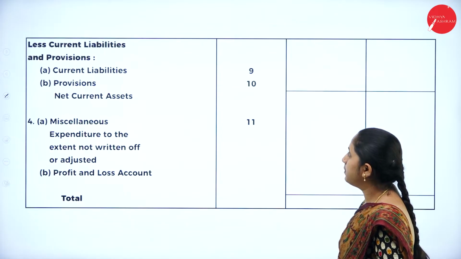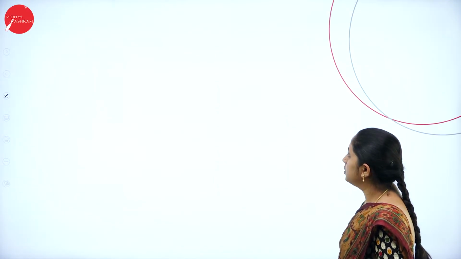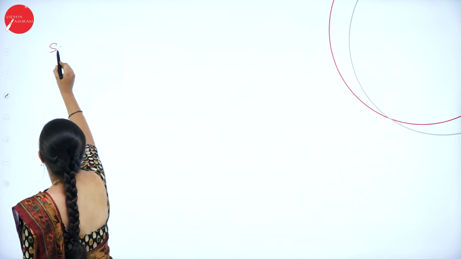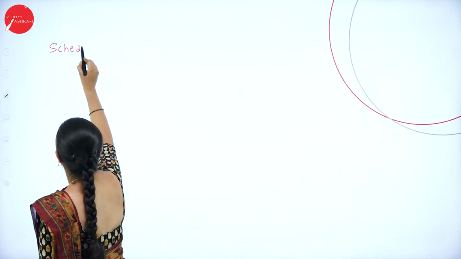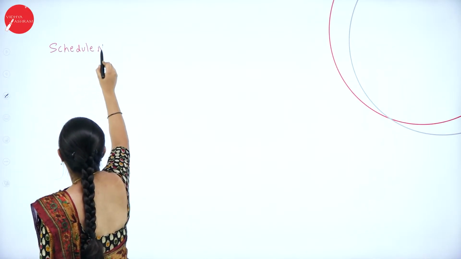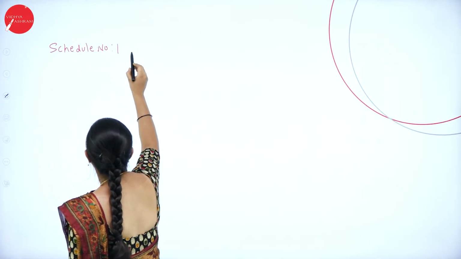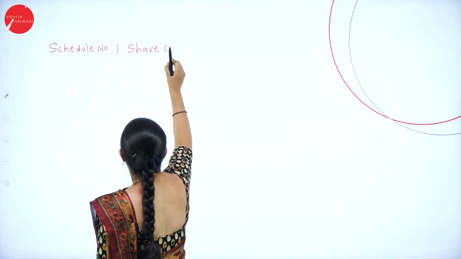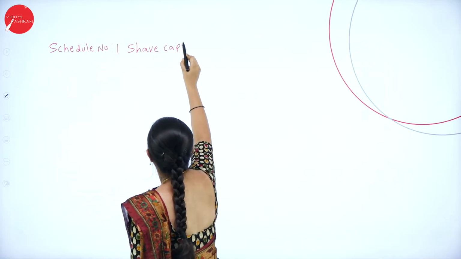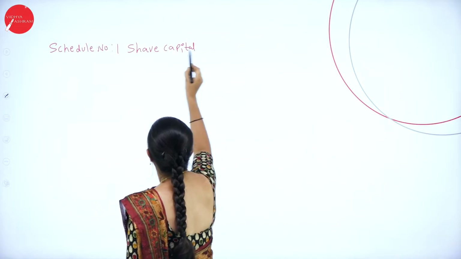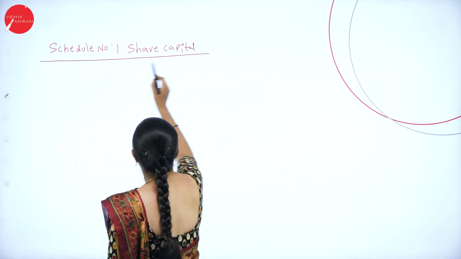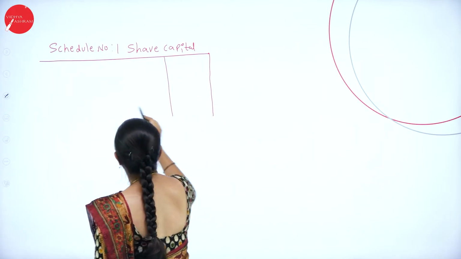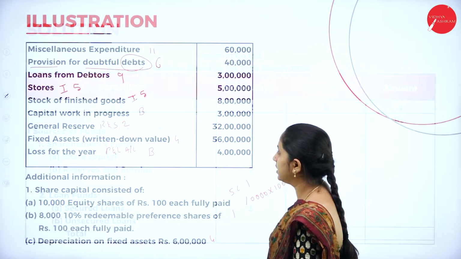So write down the format of the balance sheet before preparing the schedules. So now start preparing schedules. First schedule is Schedule 1 share capital. Just look at the problem.